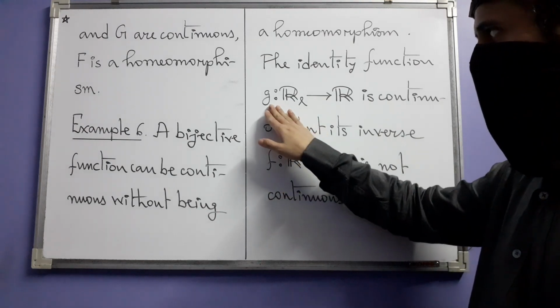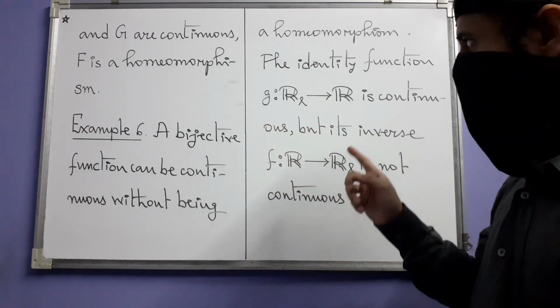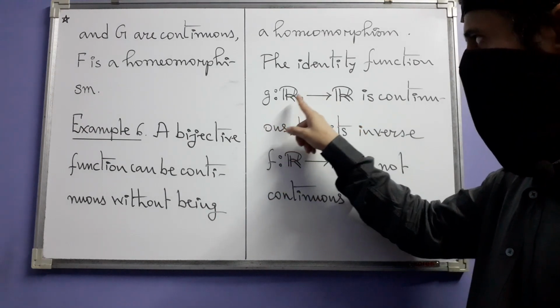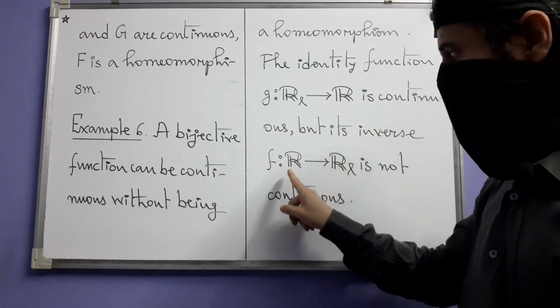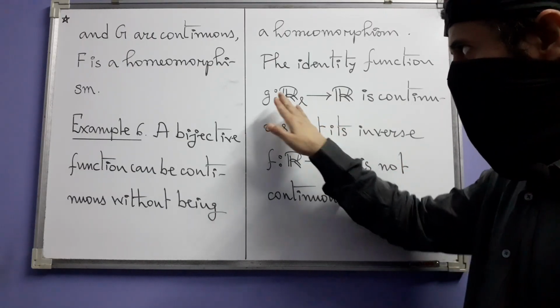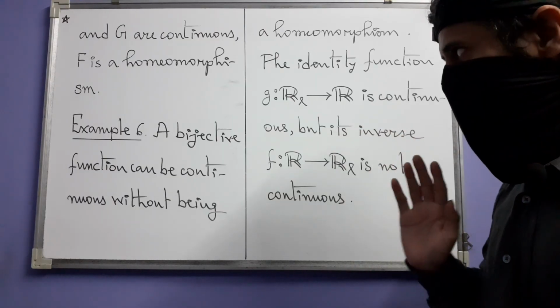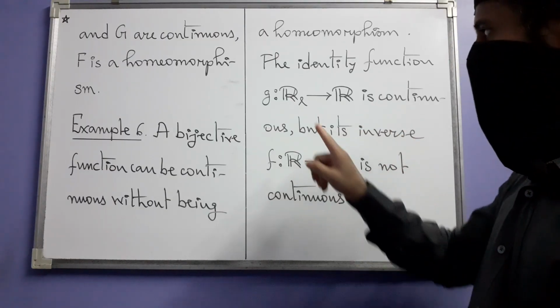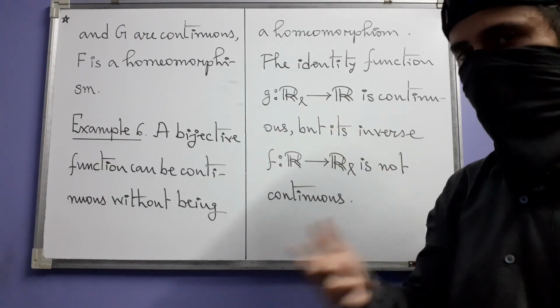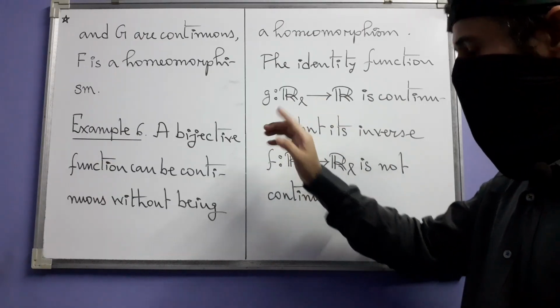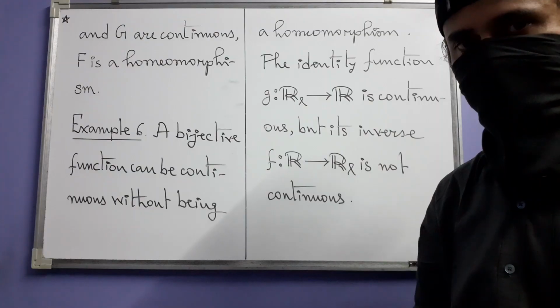And moreover, this of course is bijective. So in spite of being bijective and continuous, because the inverse is not continuous, this is not a homeomorphism. This does not automatically of course tell us that RL and R are not homeomorphic. It just tells us that this is not a homeomorphism.